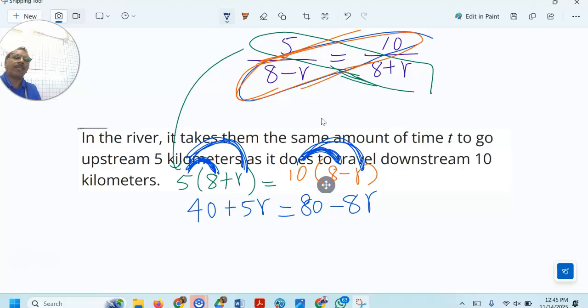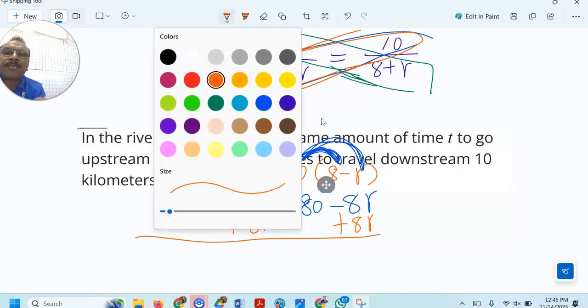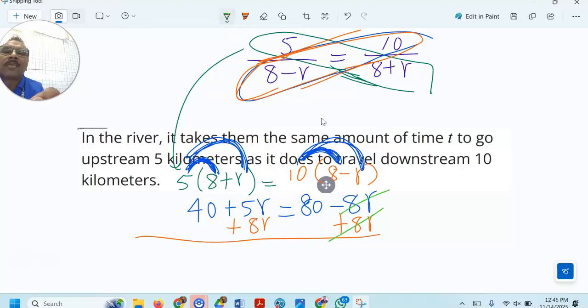Then get all the variables on one side. So how do I get variables on one side? Add 8r to this side, plus 8r, and cross this out, and you get 40 plus 12r equals 80.